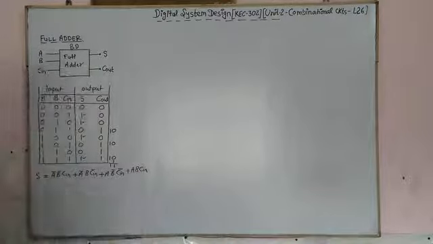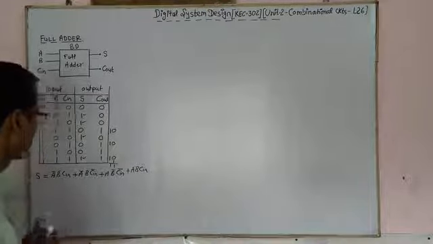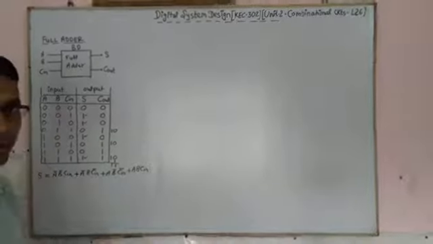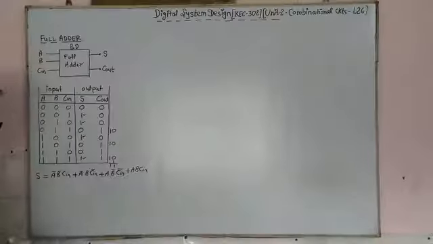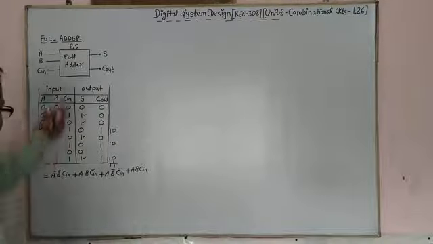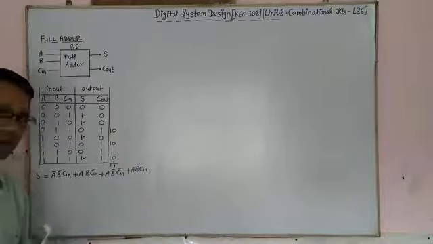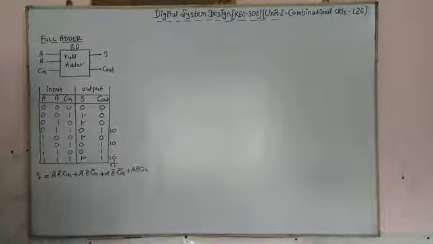So this is the logical expression for sum. I think there is no doubt how we are getting this logical expression from the truth table. We are considering only 1.